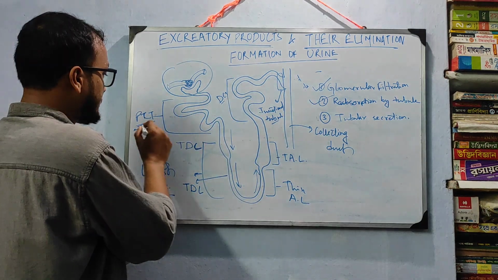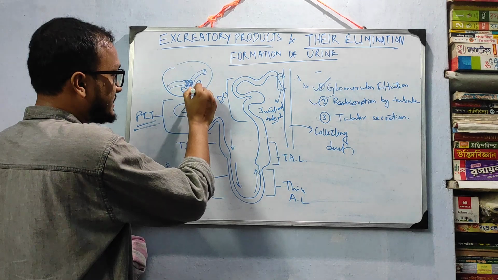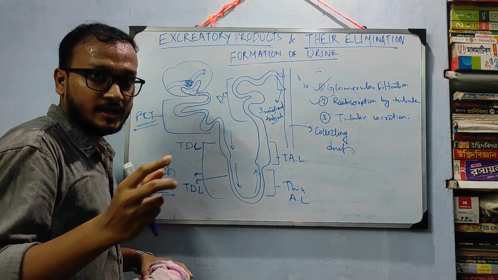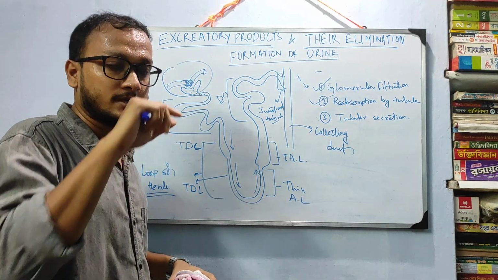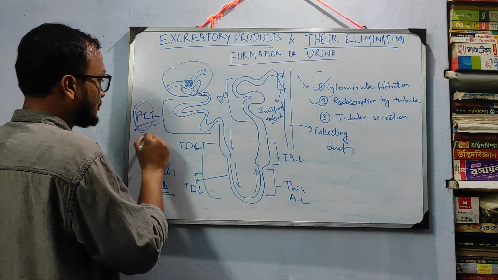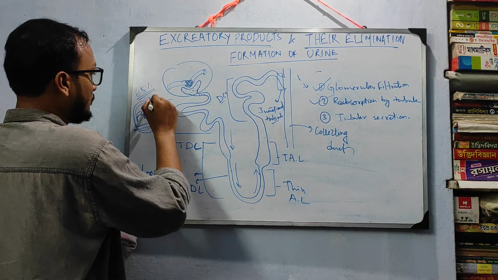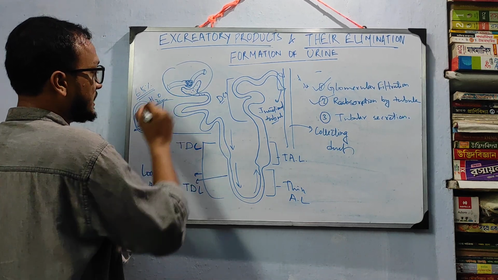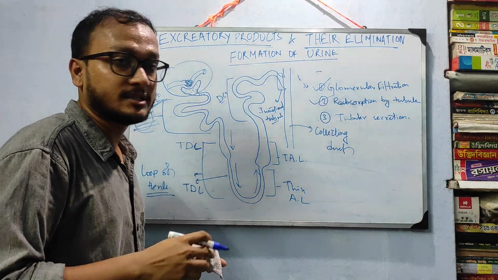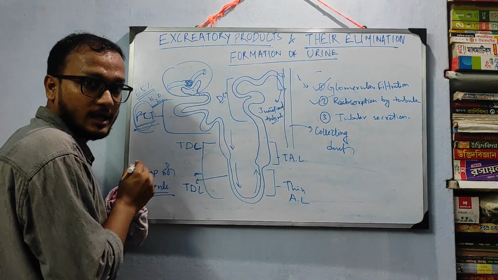Now in the PCT region, a high amount of absorption takes place. From the filtrate that entered, whichever is necessary, some salt, some amino acid, then glucose, will be reabsorbed in the PCT. Near about 65% of water will get reabsorbed so that the body does not become dehydrated.